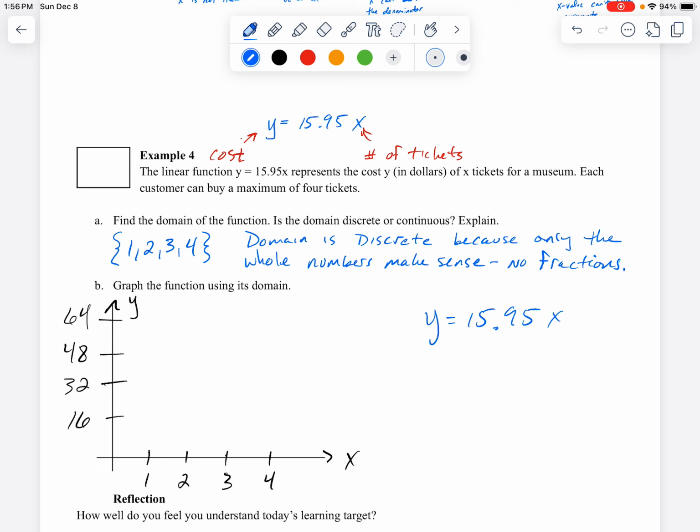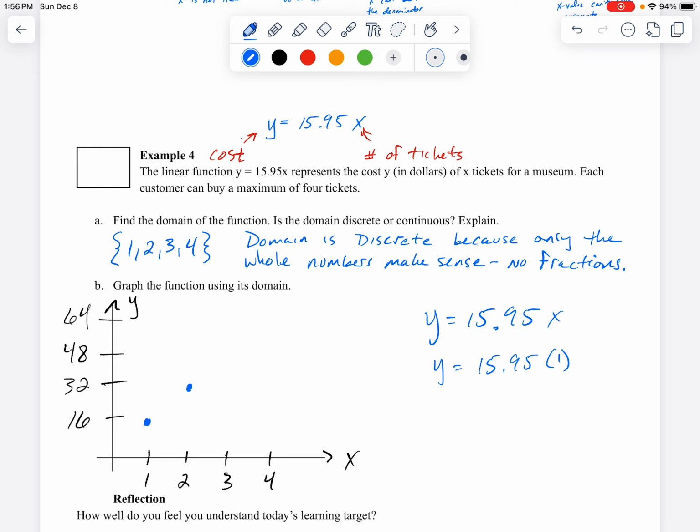So when we let x equal 1, times 1, then y is 15.95. So when x is 1, y is 15.95. That is 1 point on our graph. When x is 2, we would have 2 times 15.95, which is just under 32.